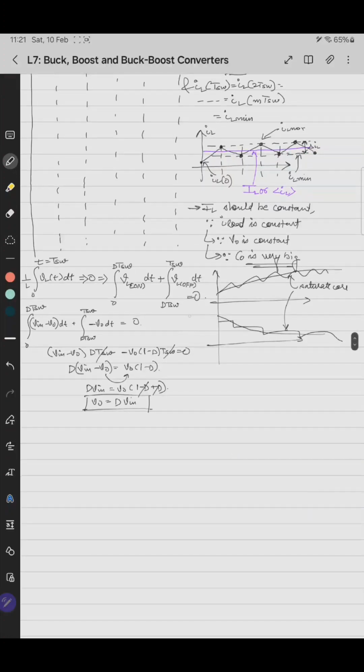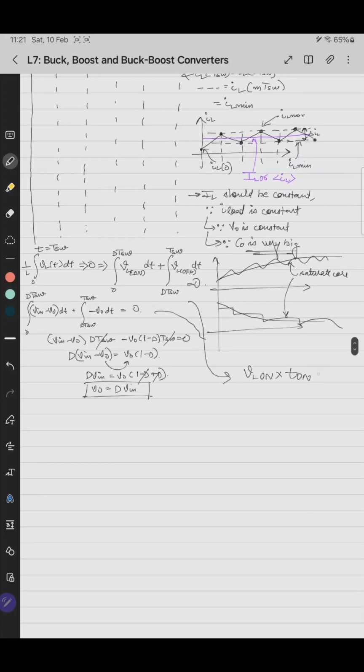So this can also be written as VL during on time into T on, why? Because it is integrated from 0 to T on, plus VL during off time into T off. What is T off? T off is T switching minus T on.